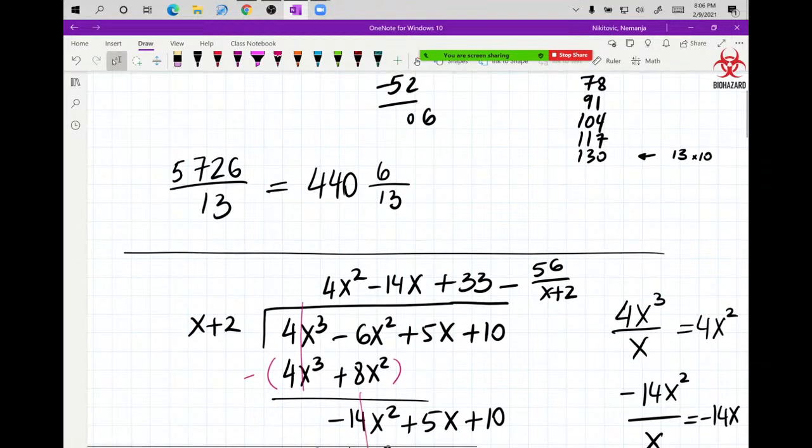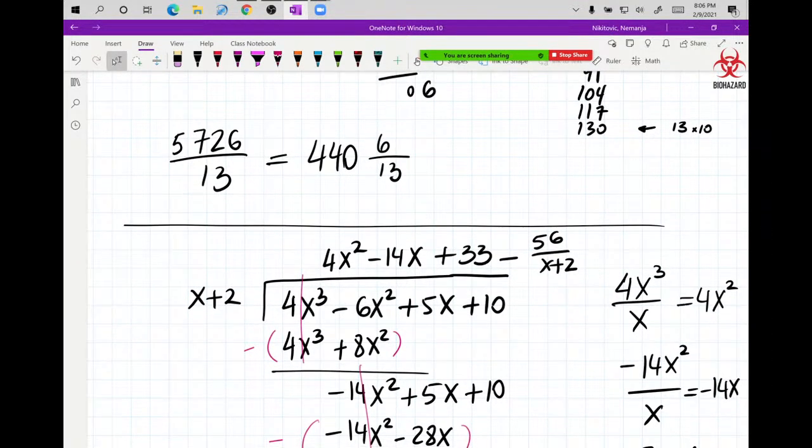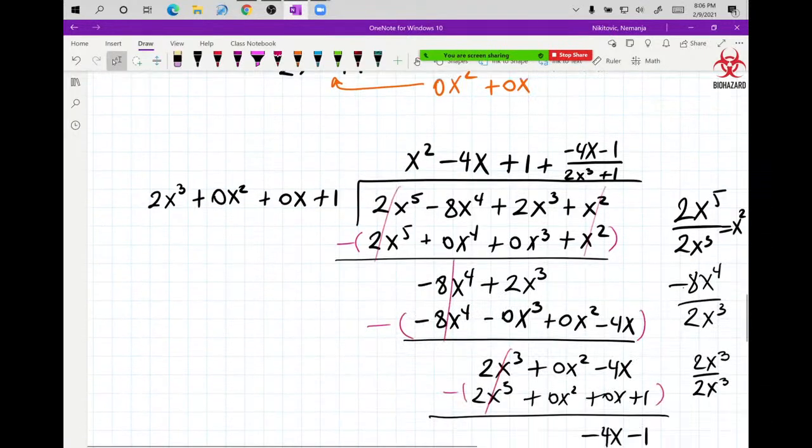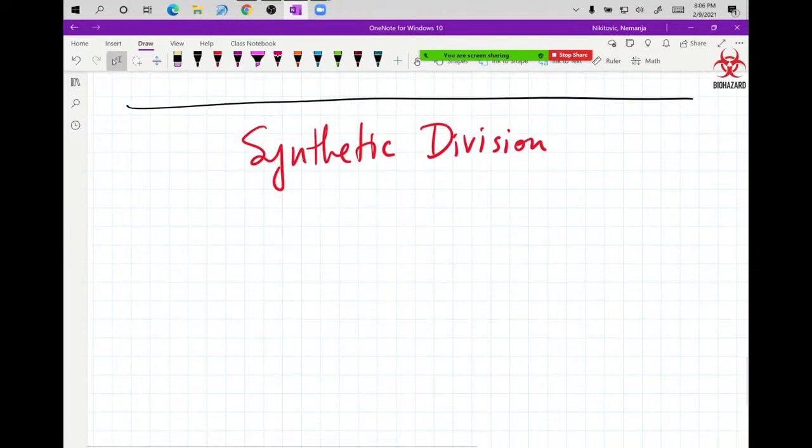It has large numbers, which doesn't matter actually. I'm going to copy this and then delete the answers and stuff that goes. I just want a problem. Synthetic division.